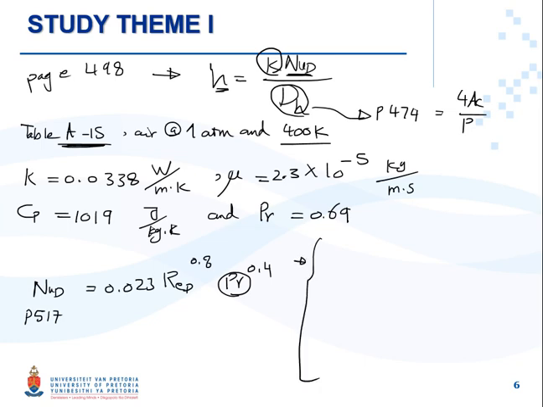So first, let's find the hydraulic diameter, DH. DH, as I mentioned, is 4 AC divided by P. Basically it is 0.0244 meter.